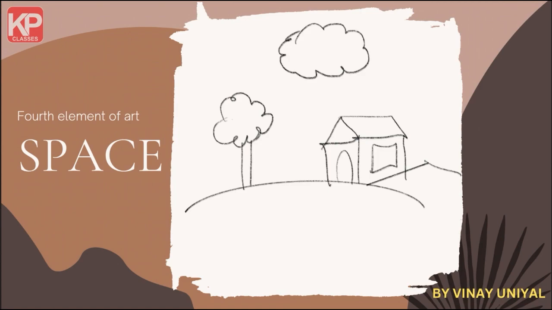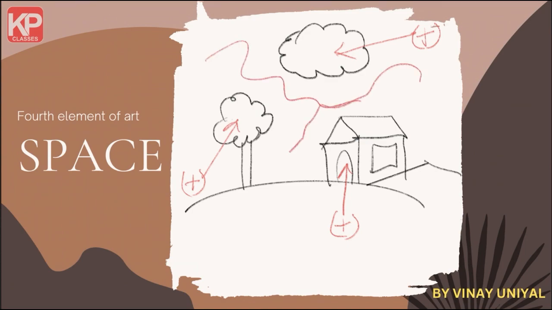So in this picture, a very important thing for you to understand is that all these objects you see are the example of positive space, and the background you see is known as negative space.